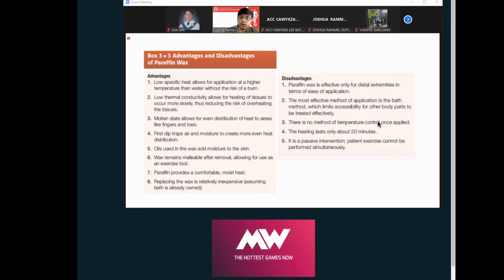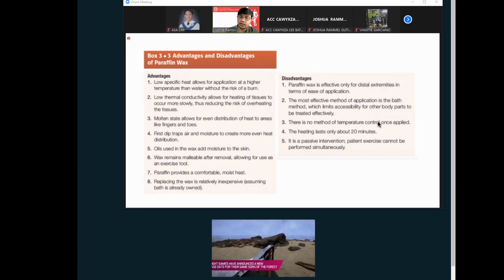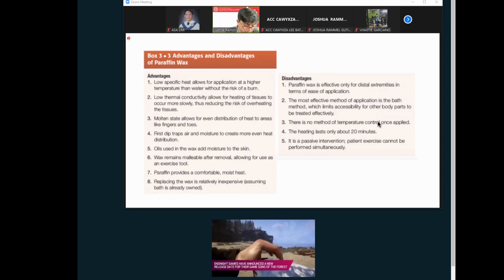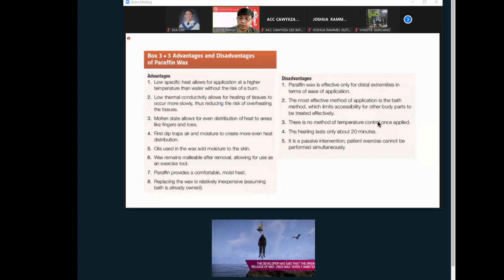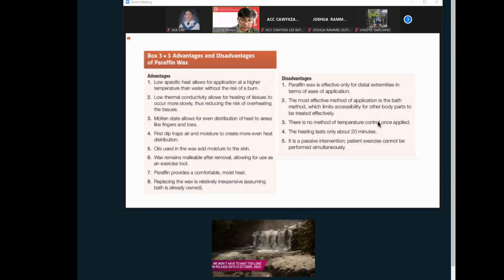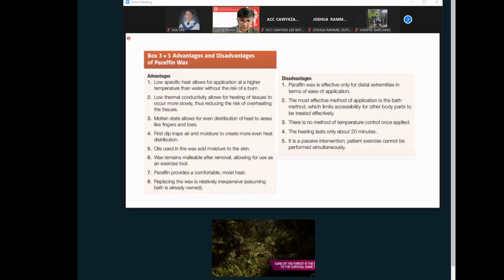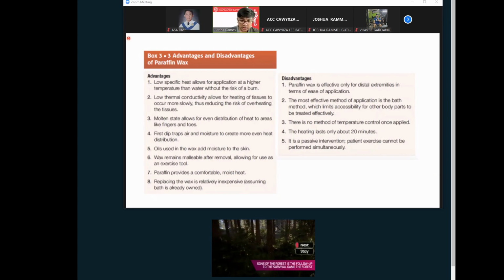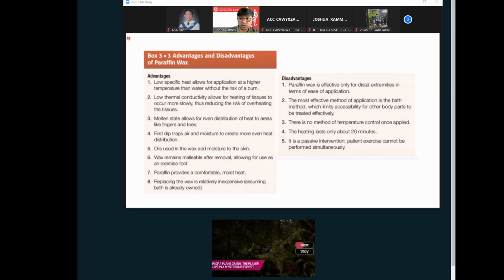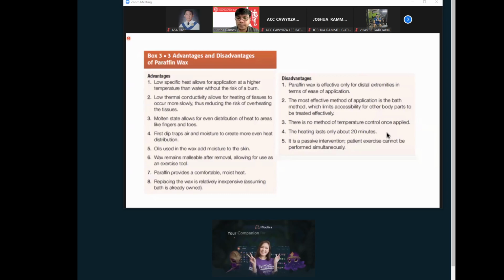Okay? So, that's why your thermostat ng tank mo dapat, ng paraffin unit is actually controlled at 40, 44, 45 degree Celsius. Okay? At that range, 40 to 45 degrees Celsius. Okay? And remember, this is a passive intervention.